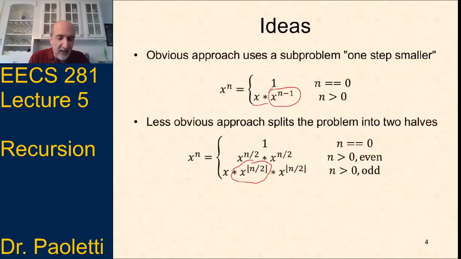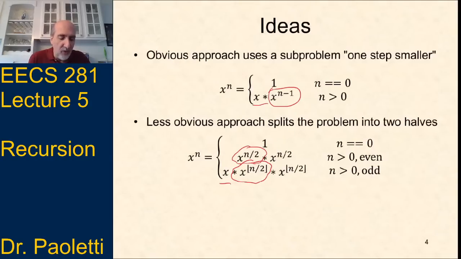We don't necessarily call it twice. I'm going to call it once, remember that result, and then multiply it by itself. We would call it once whether n is even or odd. The difference is when it's even, we just make the recursive call and multiply by itself. When n is odd, we make the recursive call, multiply by itself, and multiply by x.